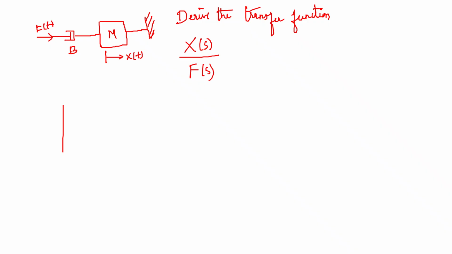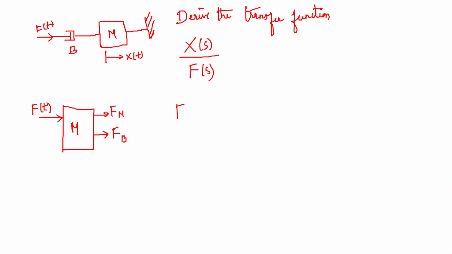Let us consider the free body diagram of the mass element m. The force F of t is applied. Based on D'Alembert's principle, there will be an opposing force acting on the mass element itself, represented as Fm, and the force acting on the viscous friction coefficient element, which is connected with the mass element m, represented as Fb.